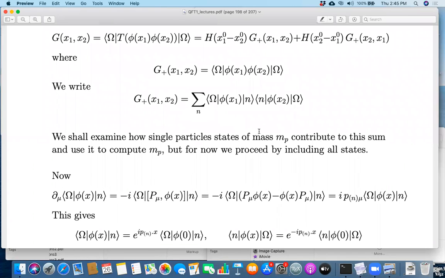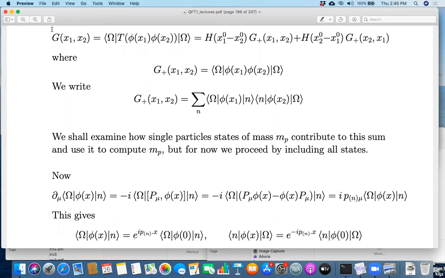And then we'll eventually reverse this to compute M P. Once you understand the contribution to G plus x1 x2 from single particle states, we'll translate to the contribution to G x1 x2 from single particle states.